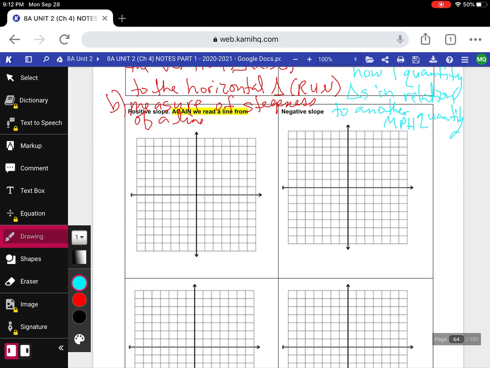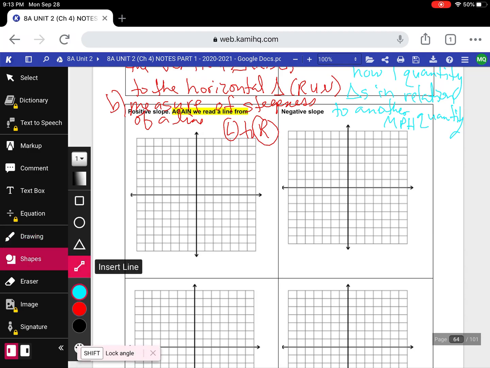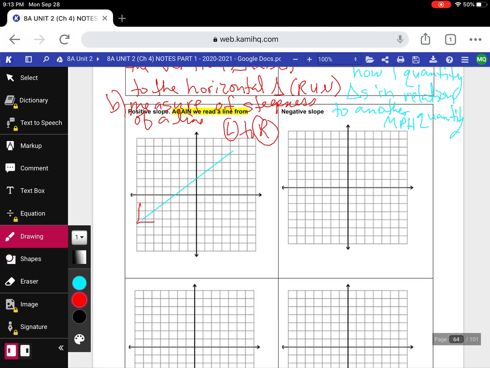Moving right along, we're going to go down to the bottom. This is the only part where we're going to do a little bit of graphing, but it's pretty simple. When we talk about a positive slope, again, we read lines from left to right. We always read lines from left to right. So we'll insert a line. This would be something that would be from left to right, and it would be a positive slope.